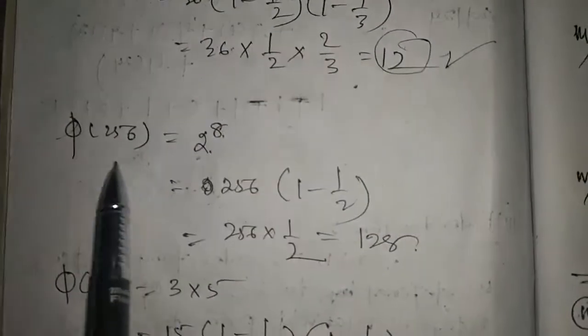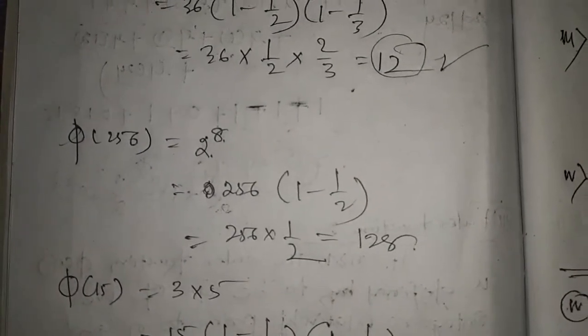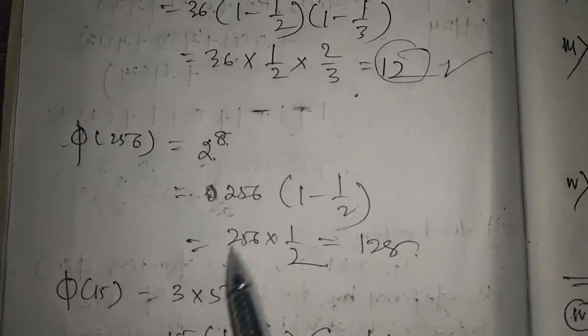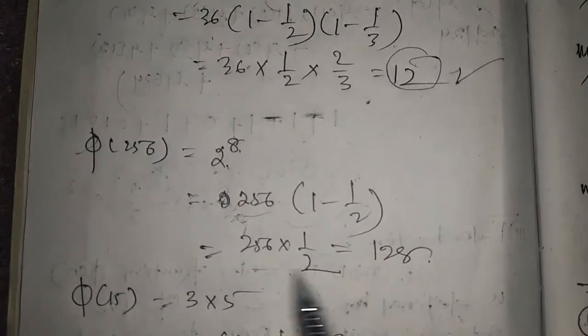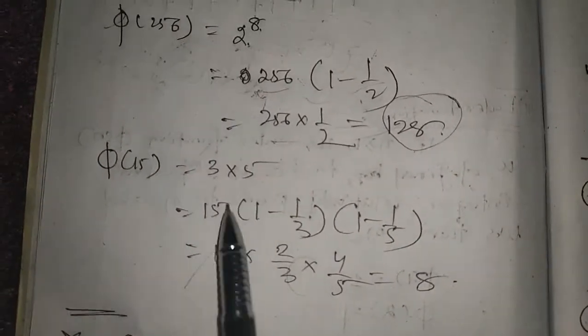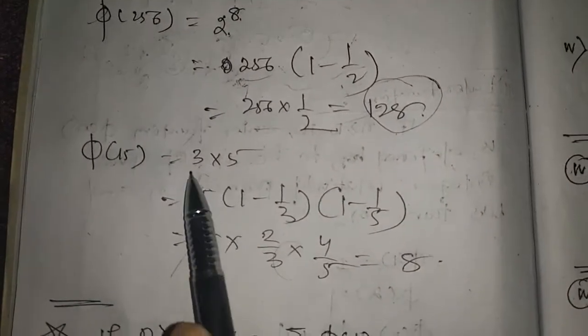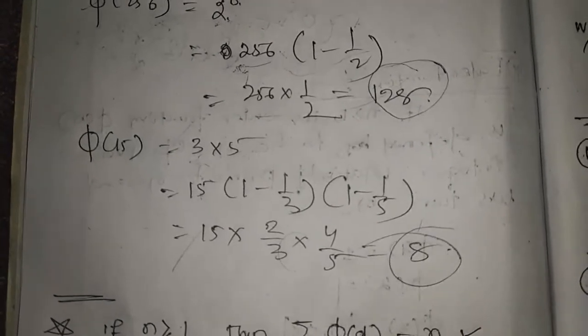Similarly, you can find phi 256, where 256 is 2 to the power 8. The only prime factor is 2, so 256 into 1 minus 1 by 2, which is 128. Similarly, 15 is written as 3 into 5, so the prime factors are 3 and 5. 15 into 1 minus 1 by 3 into 1 minus 1 by 5 is 8.